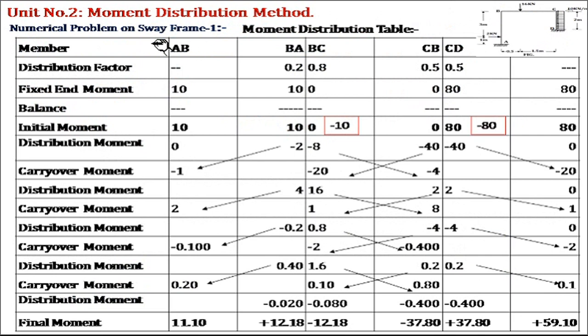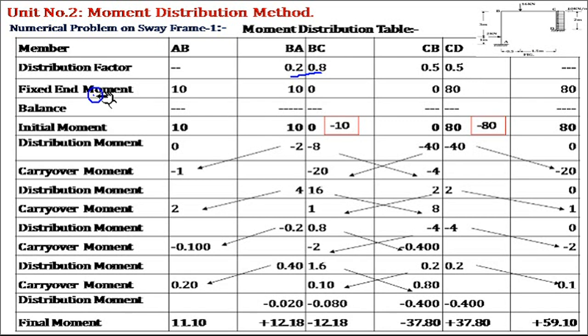Now we are doing the sway frame analysis, again using the moment distribution table. The first row is members AB, BA, BC, CB, CD and DC. The distribution factors at joints B and C are 0.2, 0.8, 0.5, 0.5.